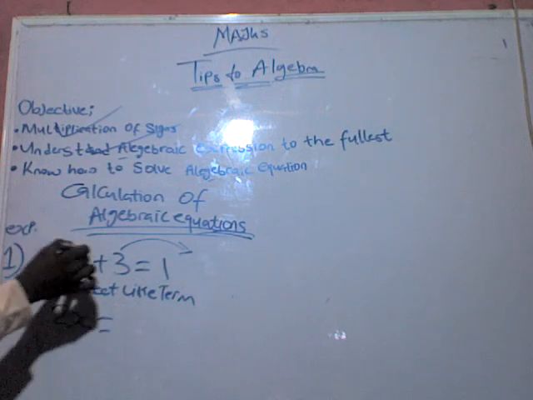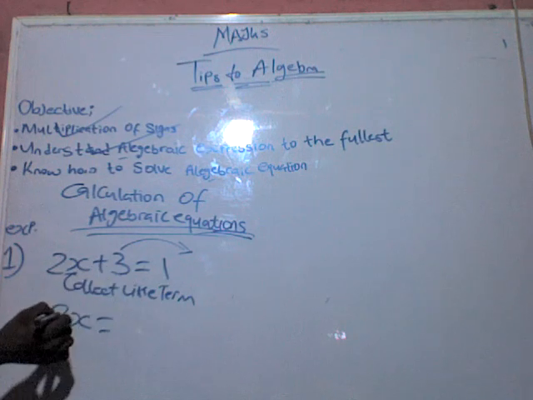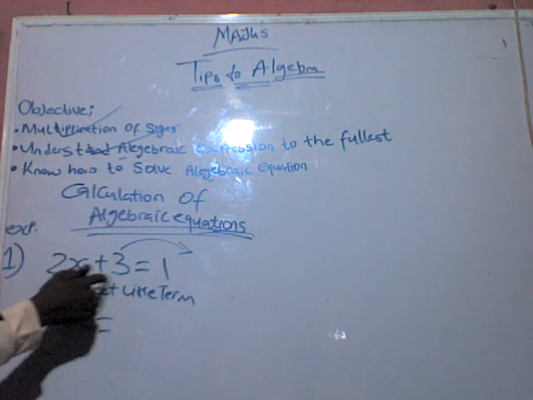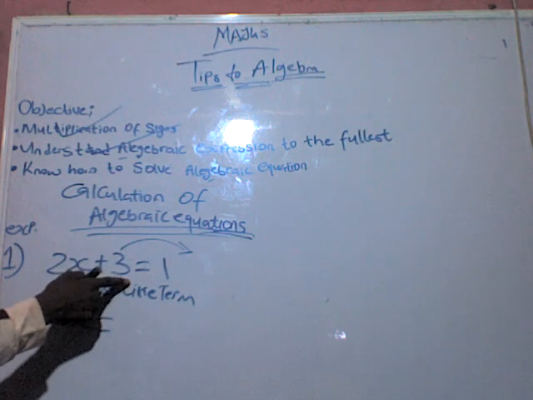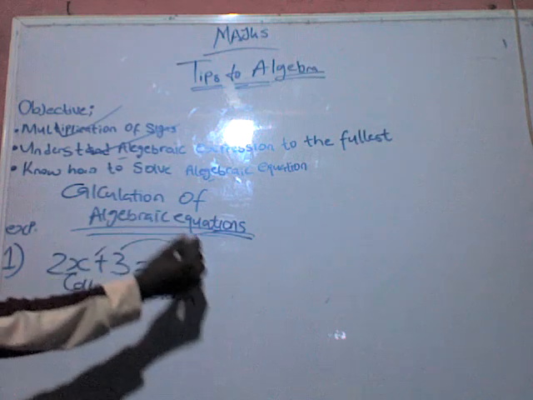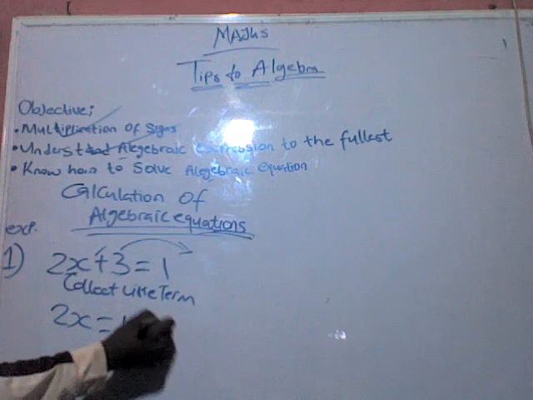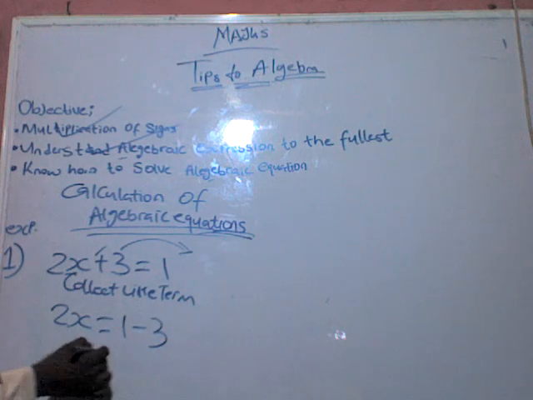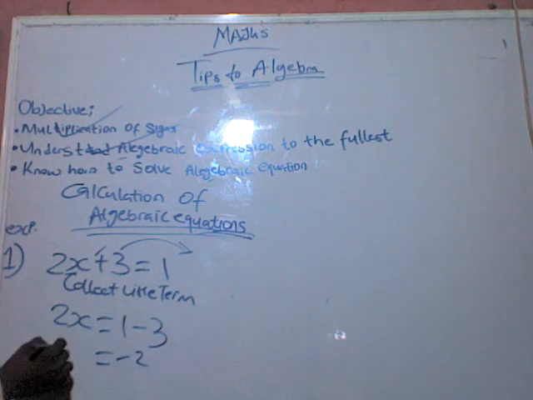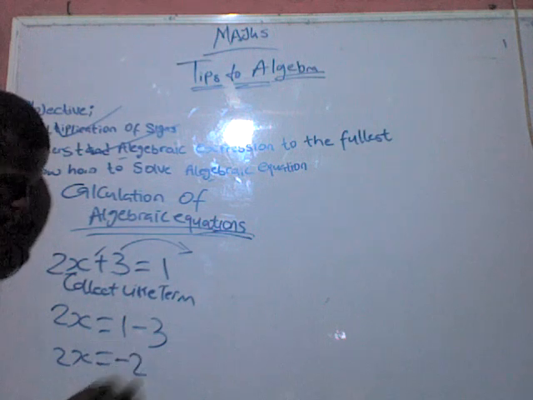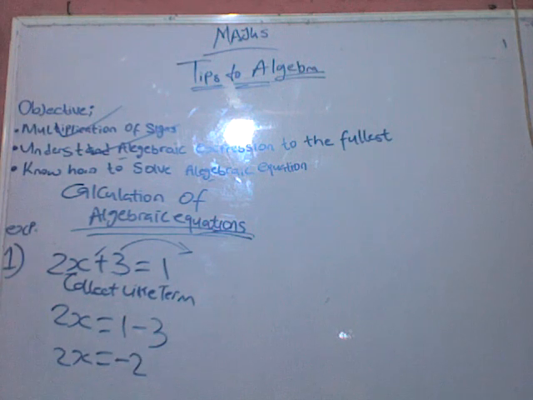This 3 is the owner of this positive sign, showing that our 3 is a positive number. So moving it to the other side changes it to a negative number, giving us 1 minus 3. Then 1 minus 3 is minus 2. And then we have 2x here. Now basically what we are doing in algebraic equation is to make sure that we make x the subject of the formula.